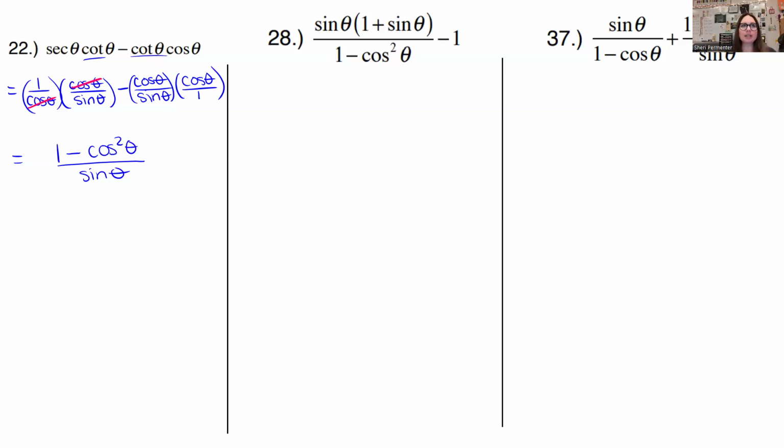So we've got 1 minus cosine squared, which is the same thing as sine squared over sine. What now? Yep. So one of these can cancel with one of those. And what are we left with? Sine. So we just took something overly complicated and turned it into something simple.